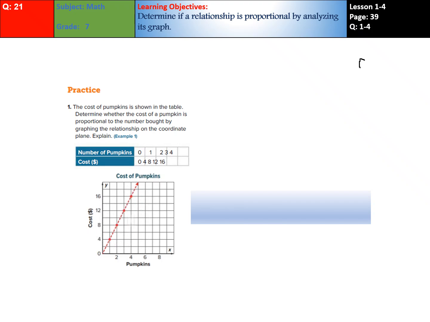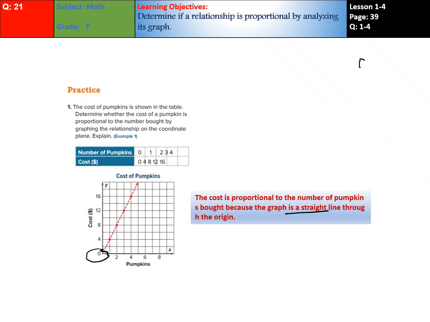So you will plot them on a graph. If the graph is a straight line and it passes through the origin, it means the graph is proportional. So we will say that the cost is proportional to the number of pumpkins bought because the graph is a straight line and it is passing through the origin.